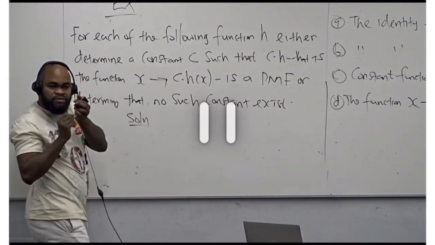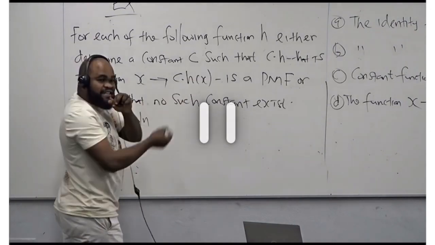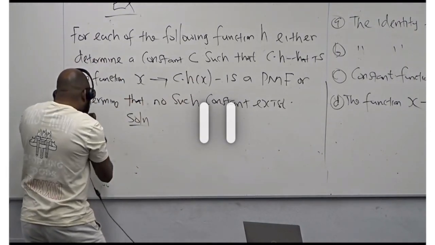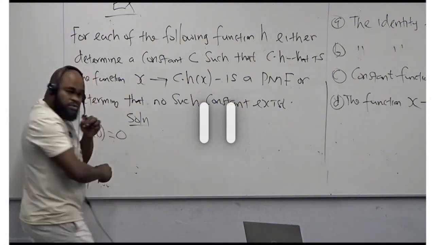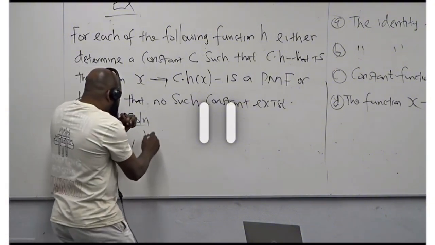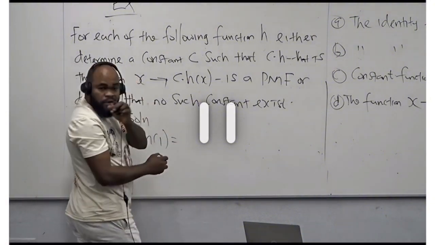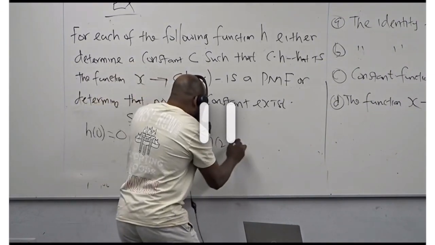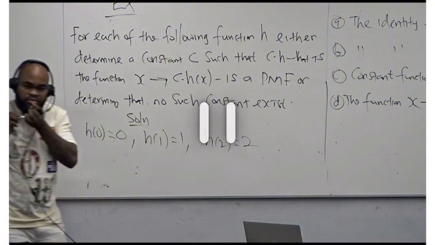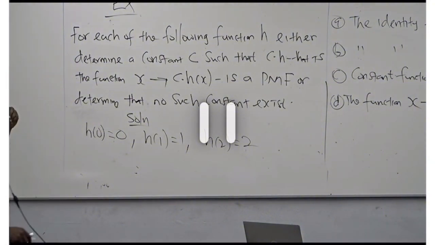Please pay attention. If it's an identity function, H of 0 will be equal to 0, H of 1 will be equal to 1, and H of 2 will be equal to 2. Can you see that?